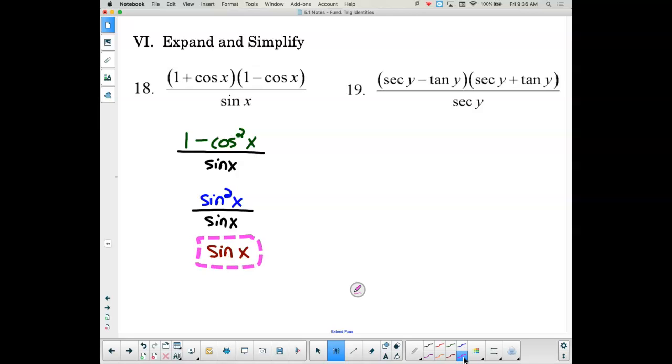Love it. I do the exact same thing over here, except I would get secant squared of y minus tangent squared of y, and all of that would still be over secant of y. Secant squared of y minus tangent squared of y is 1.